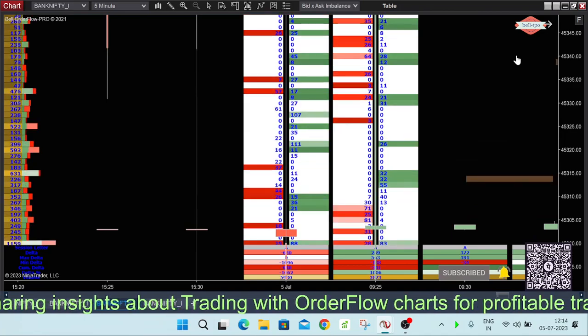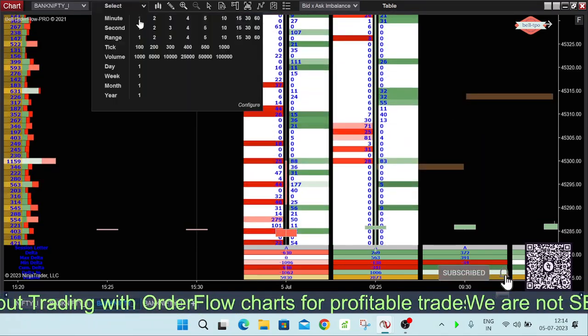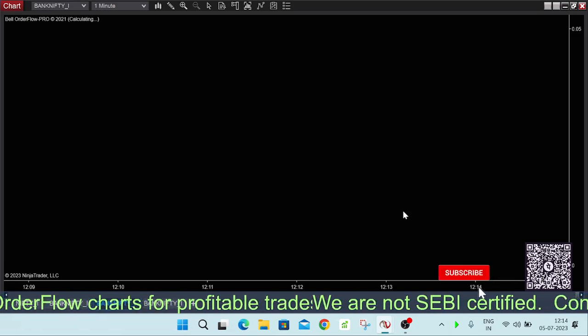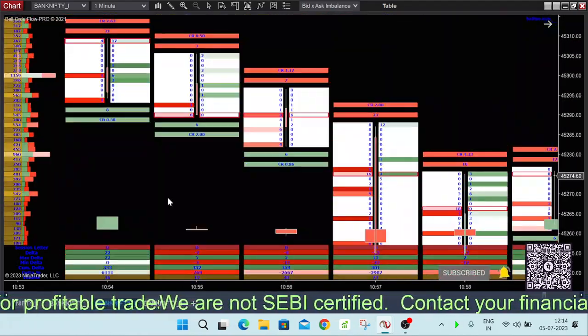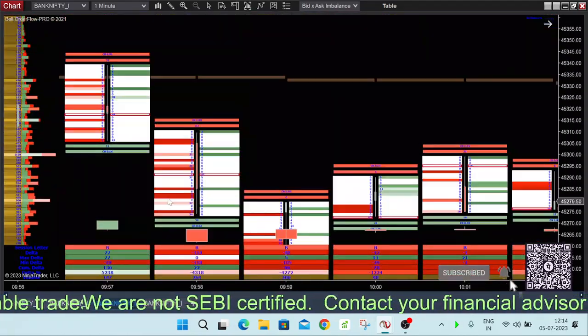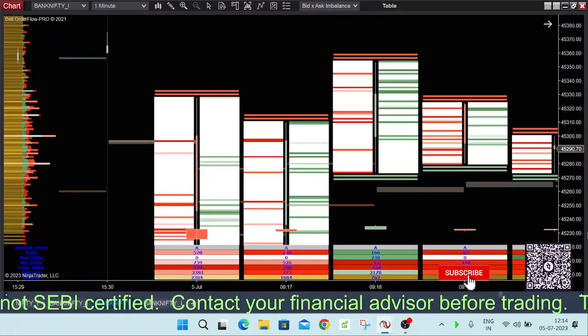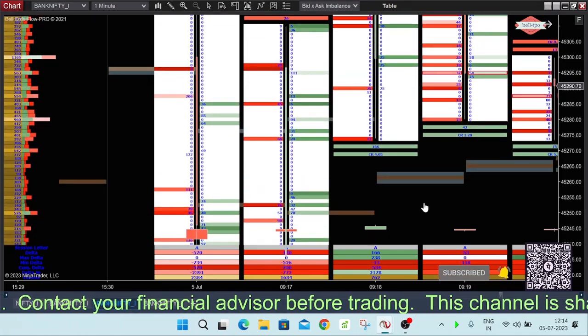See, this is the first candle which took a dip. I will change it to a 1 minute candle for your understanding. It will be much clearer. See, the first candle, second candle.